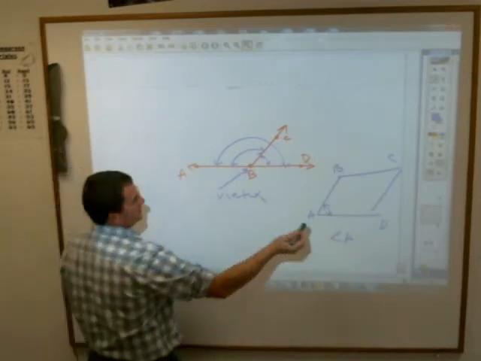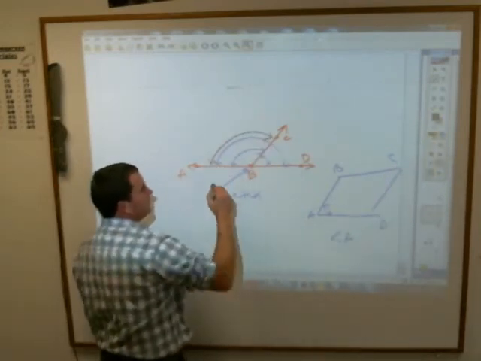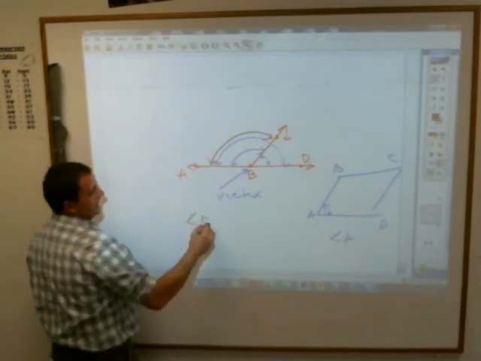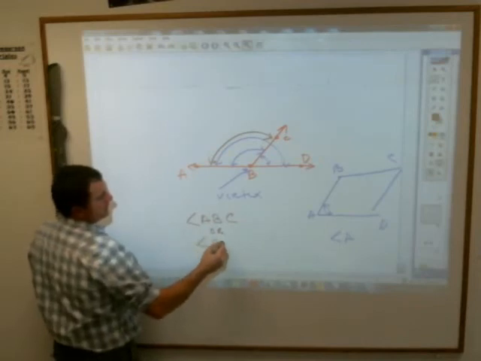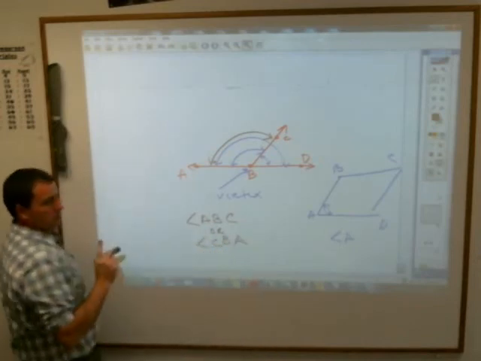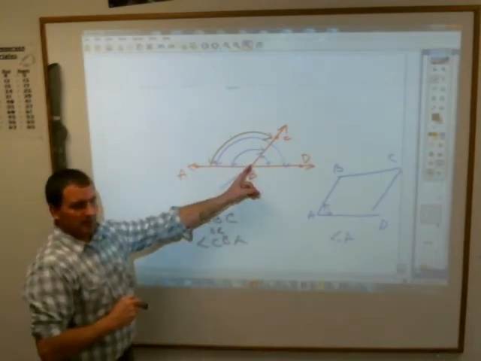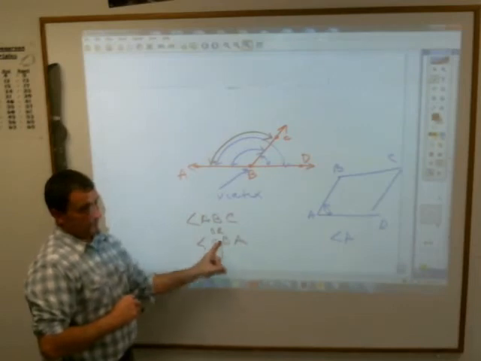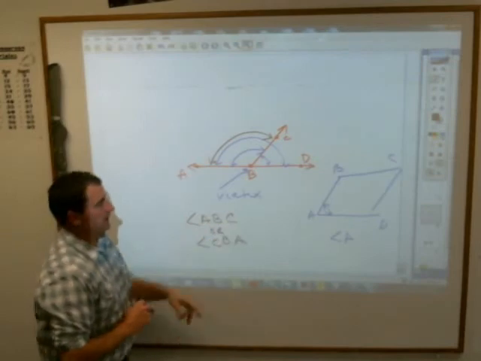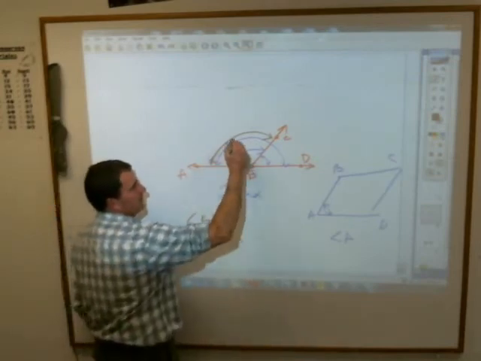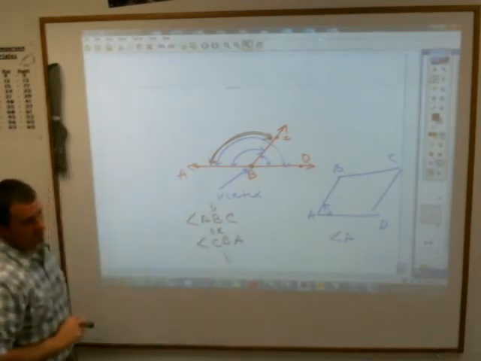If I'm talking about this angle right here, you have to name it as angle ABC, or angle CBA. Those are both acceptable. Remember though, wherever the vertex is, that point where they come together has to be the middle. I can't call this angle CBA or angle ACB. It has to be the letter B in the middle. Both of these would be acceptable.